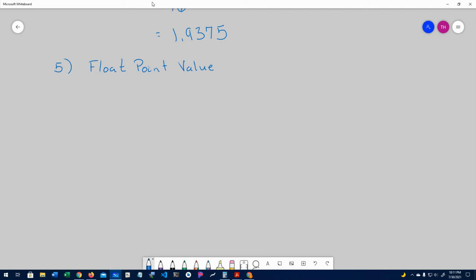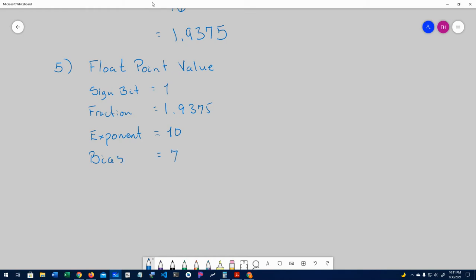So we know that the sign bit at this point is 1. We know what the fraction is, 1.9375. We know the exponent's binary value in decimal is going to be 10. We did calculate the bias, and that's going to be 7.